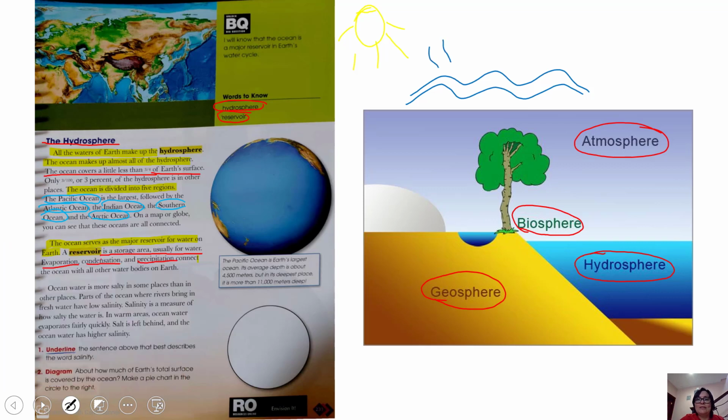The water evaporates, then the water goes to clouds to condense. But the clouds with the wind move from one place to the other one. So maybe this cloud is going to move by here, and maybe in here we have a house with a pool. Now, suddenly the water in the cloud becomes heavier, the drops of water, and now it starts raining.